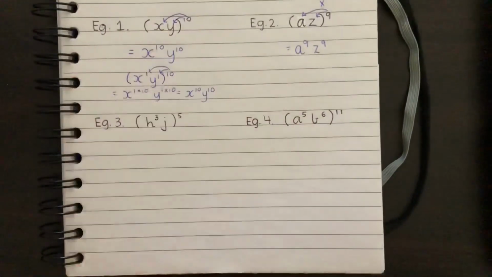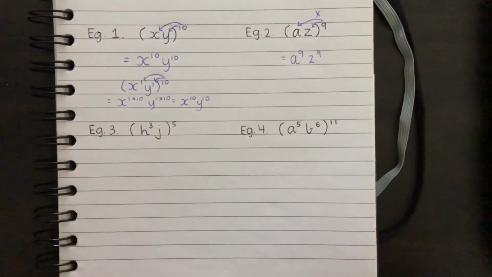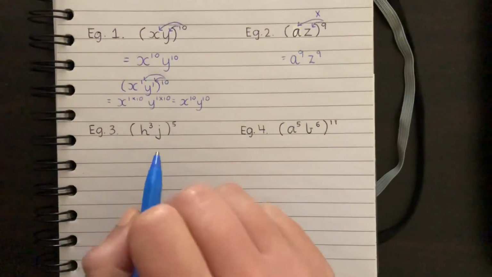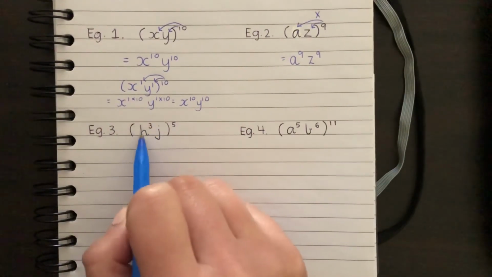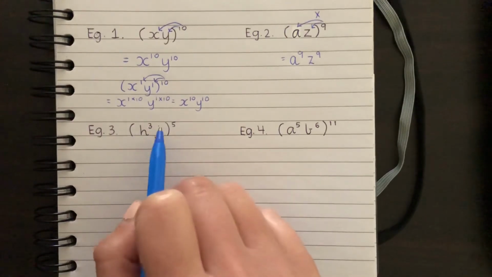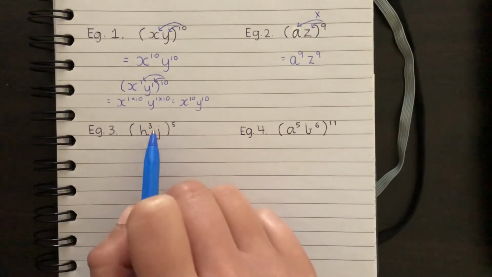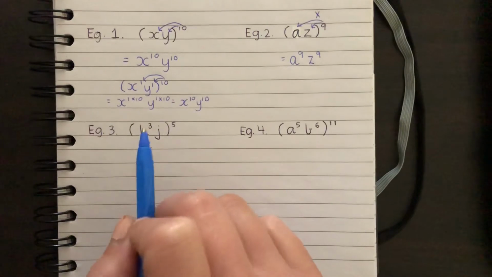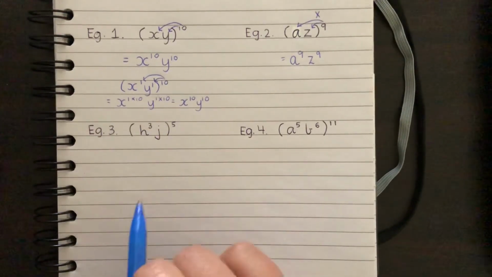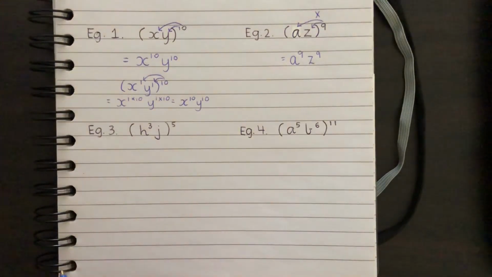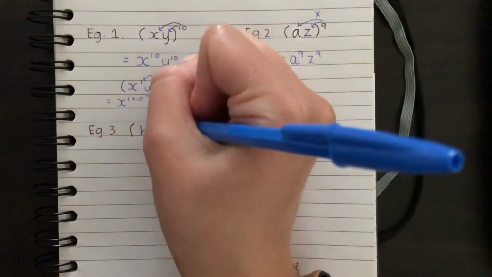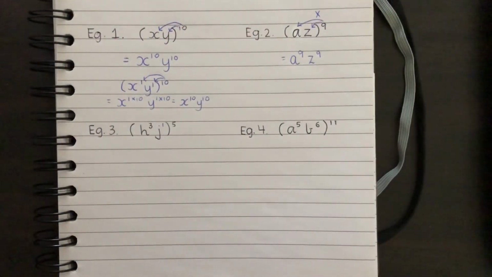Now, let's go down to question 3 and 4. Question number 3, this time I have a power on one of my variables. On the other one, I have an imaginary 1, yes, but it's not written down. So it looks like there's nothing on the j, okay? Don't forget that that just means there's an imaginary 1 there.